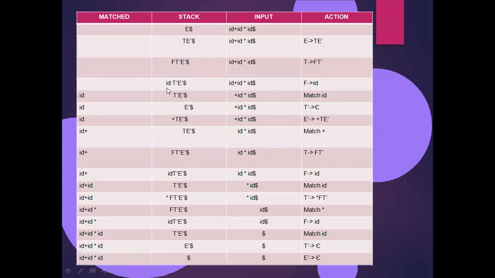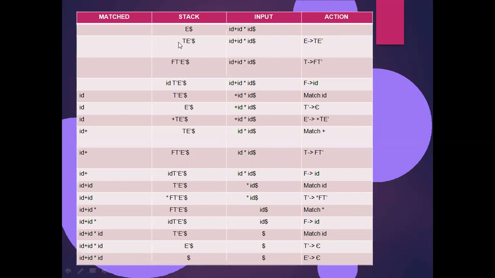See, in the place of this E I am replacing it with this TE dash. What it means is that after reading this E, what will be stored into the stack is the right hand side of the production.